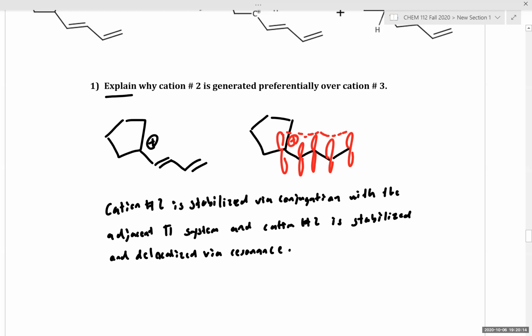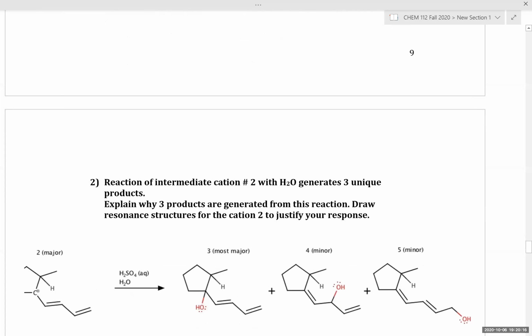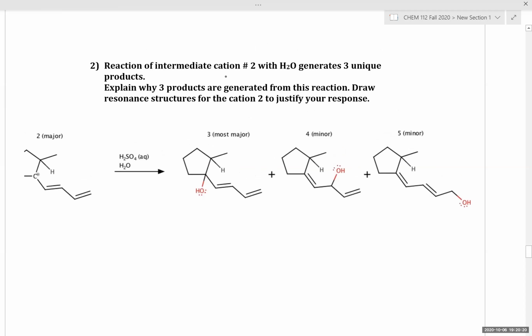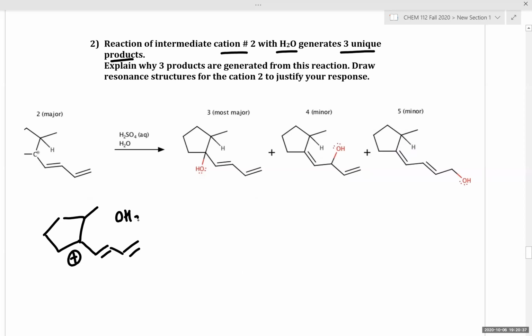Perfect. So let's look at this next example where a reaction of cation 2 with water generates 3 unique products. Starting off, the reason why we generate 3 unique products is because we have 3 electron deficient carbons, and as a result, we have 3 sites of reactivity. So for example, water can attack at this first position.